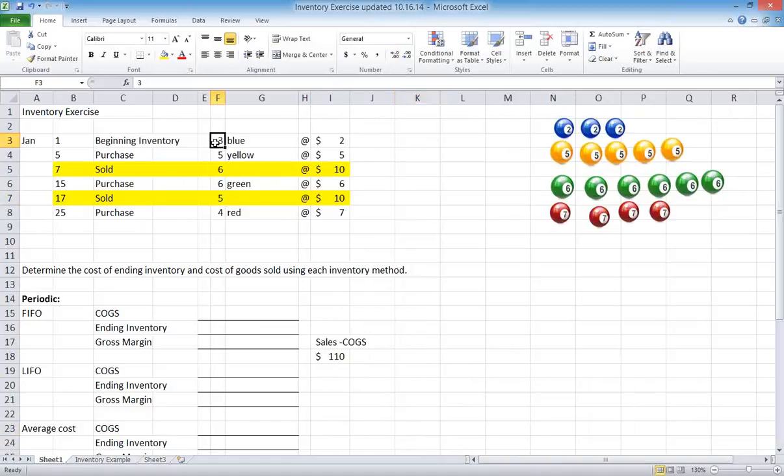I'm going to start with my earliest cost as my cost of goods sold. So let me move which ones I would have sold, these 3.